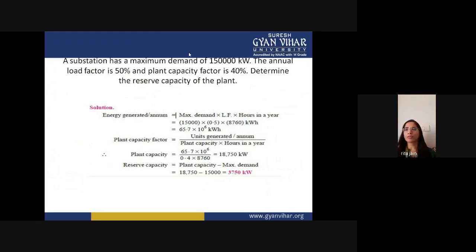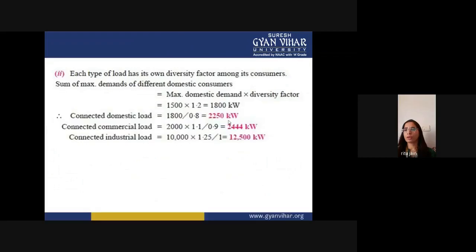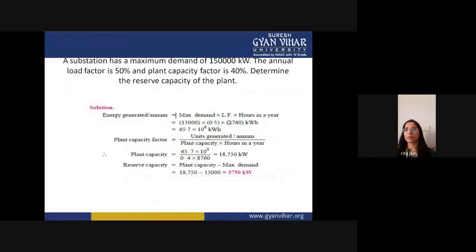Okay, so first we have to calculate the energy generated per year. So maximum demand is given, which is your 15,000. The formula for load factor is your average load upon maximum demand.